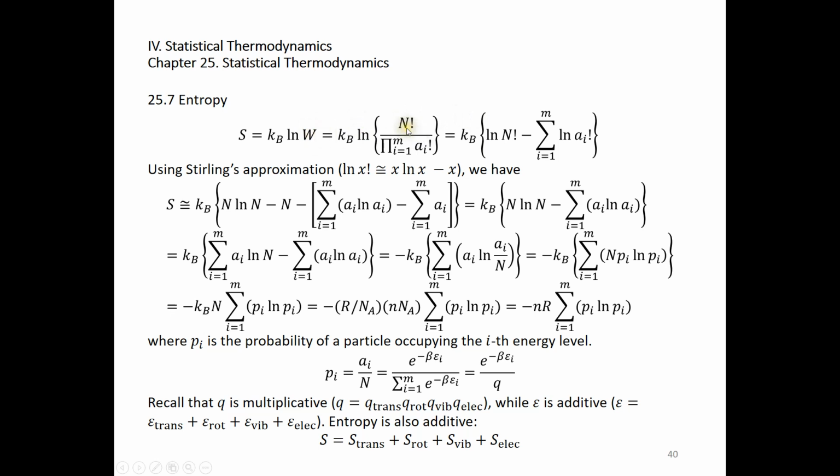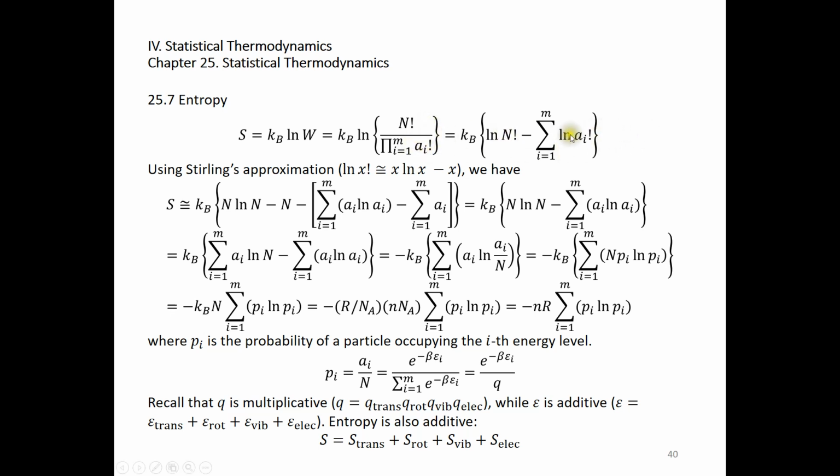W is equal to n factorial over a1 factorial, a2 factorial, etc. a1, a2, a3, all the way to a sub m can be determined assuming the Boltzmann distribution.